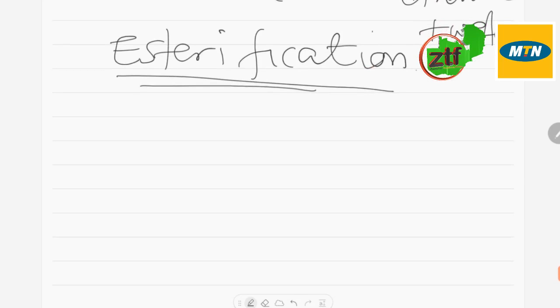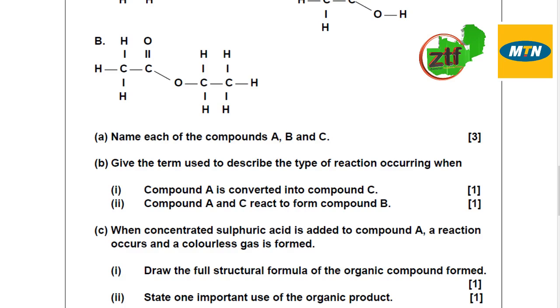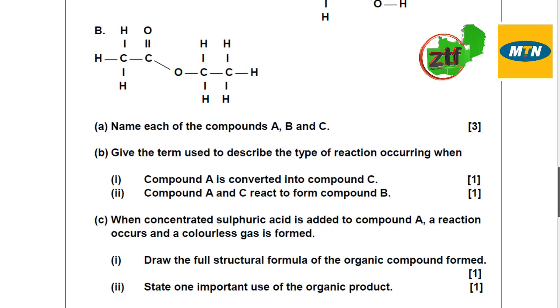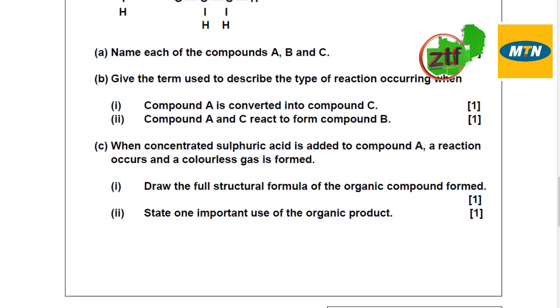We can now look at question C. The question reads, when concentrated sulfuric acid is added to compound A, a reaction occurs and a colorless gas is formed. Draw the structural formula of the organic compound formed.